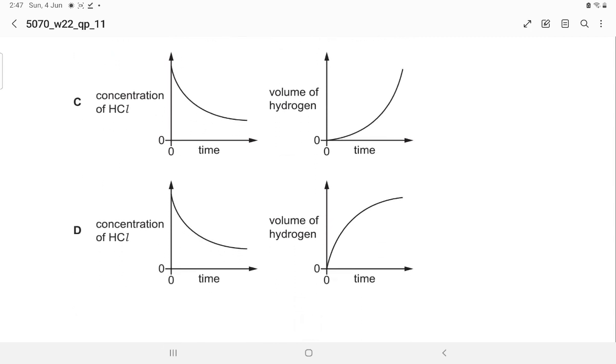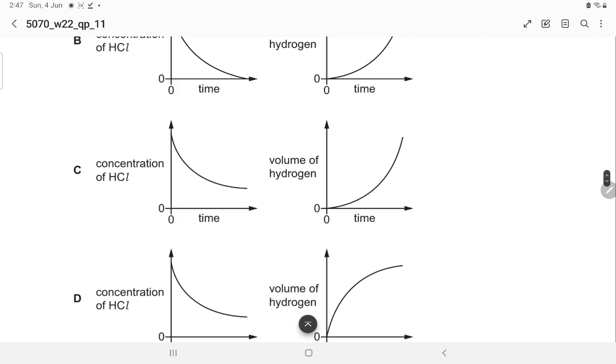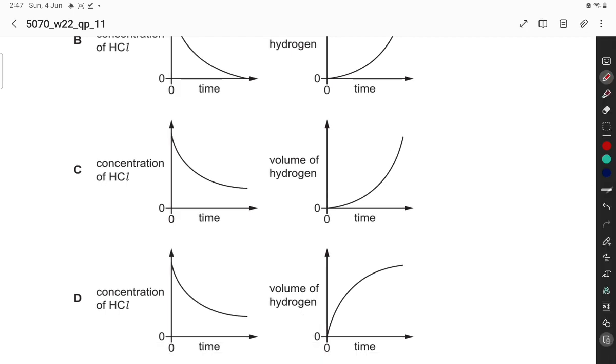Concentration of HCl is going to decrease. This is the correct option. This is correct. This is correct.